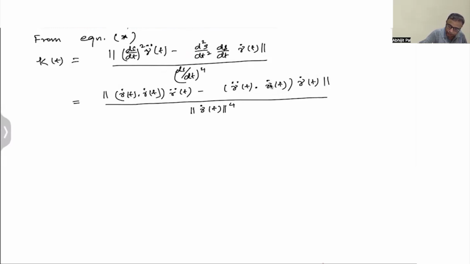Therefore in the numerator, what do we have? This gamma dot(t), take the vector product with this vector.